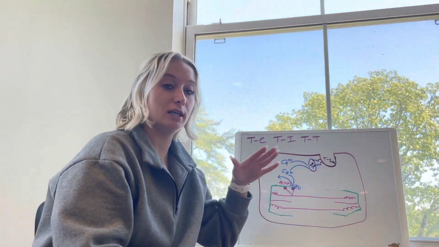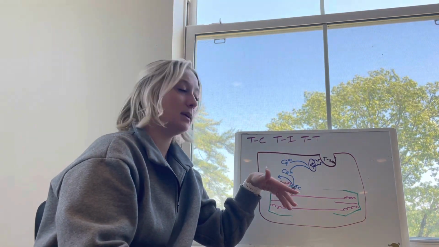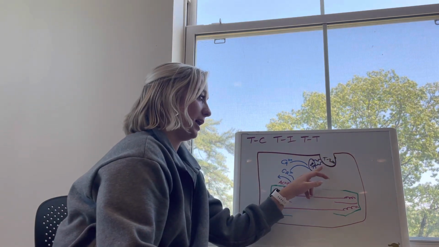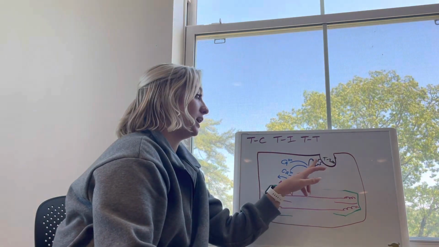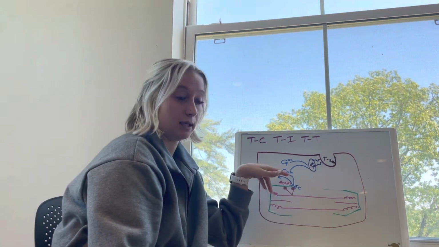So going back to the depolarization things that I drew at the very beginning, that calcium is going to be sent through here. It's going to be sensed by the voltage feet. It's going to tell the sarcoplasmic reticulum to release calcium.